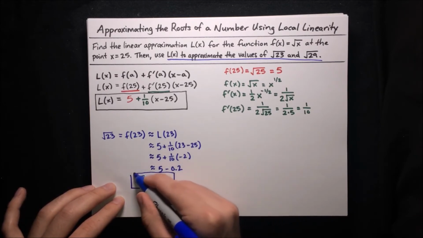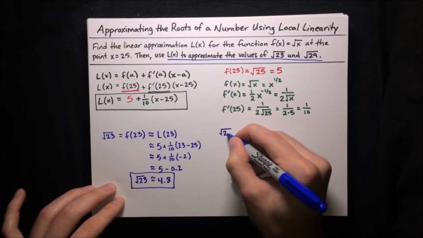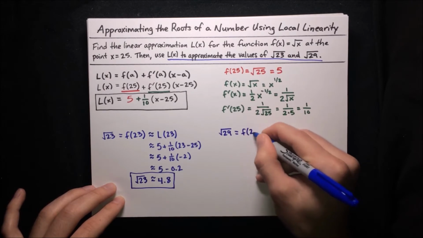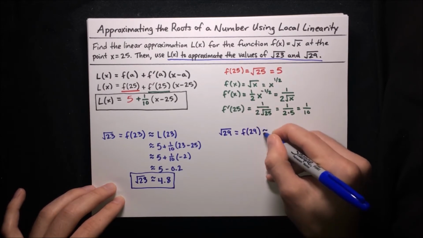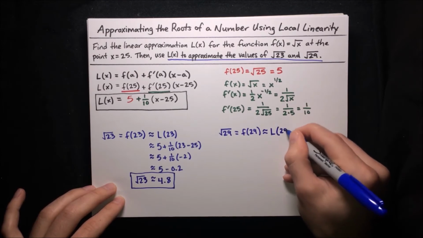Alright, so there is our approximation for root 23, and for root 29, it's really just the same idea. Root 29 is equal to f of 29, which is approximately equal to the linear approximation L of 29.